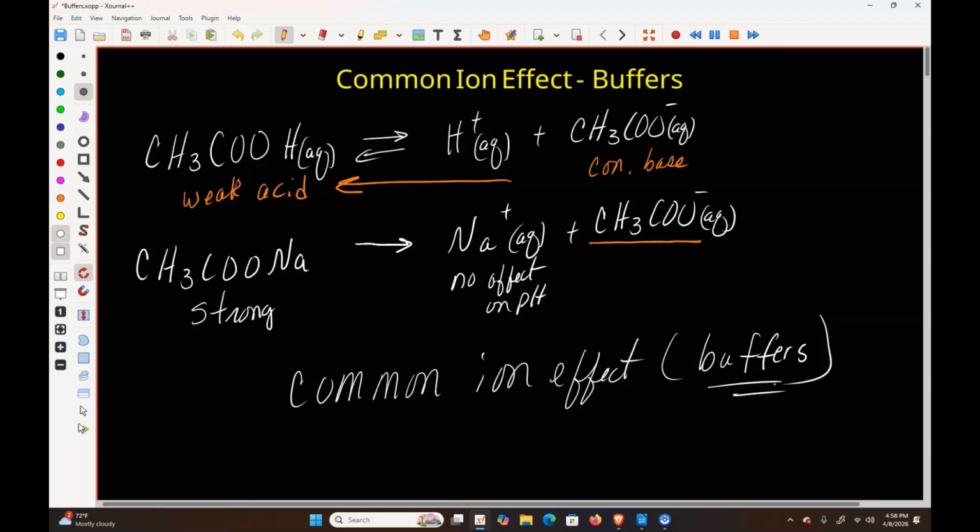A buffer resists changes in pH because it has both acidic ions to neutralize OH ions and basic ions to neutralize the H plus ions. So it helps to maintain a more constant pH, and the pH doesn't fluctuate over large amounts.